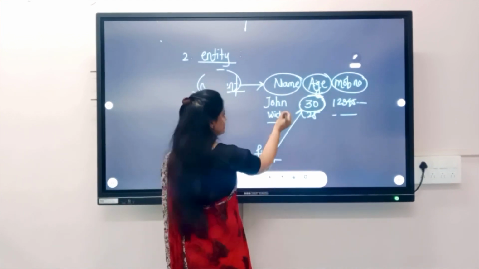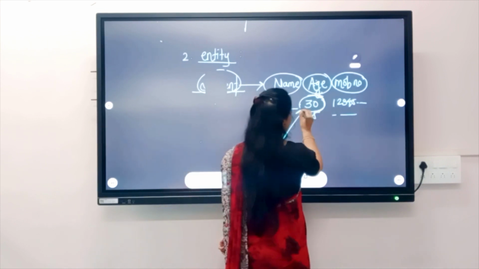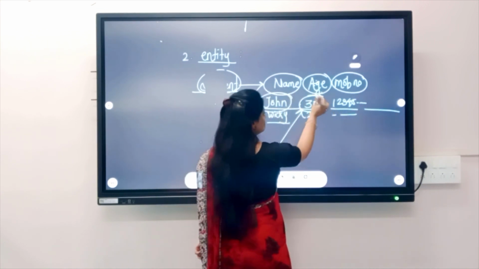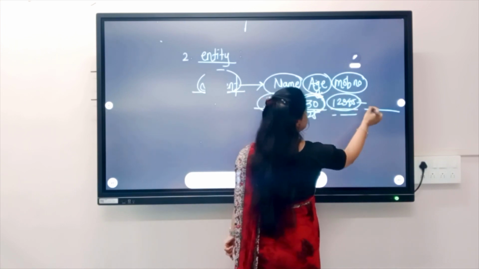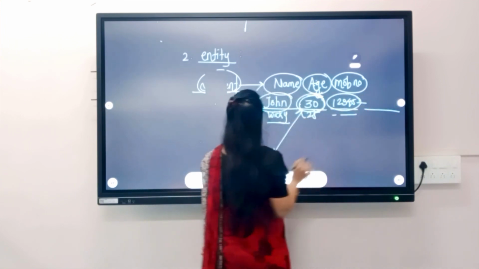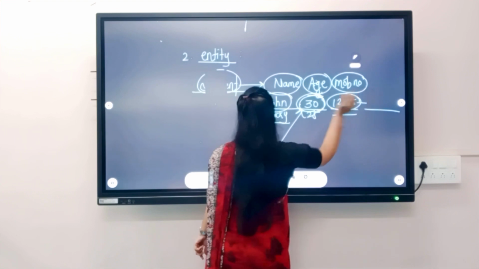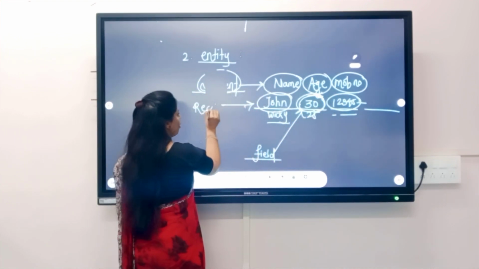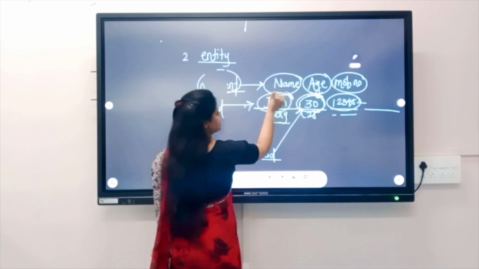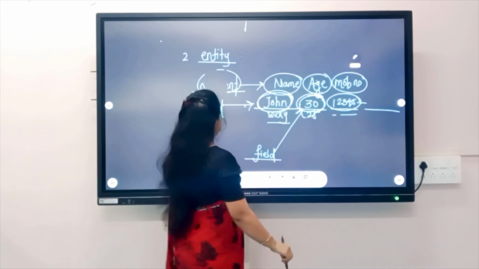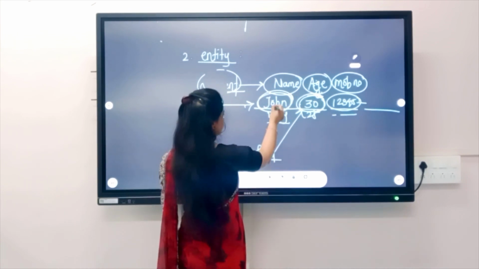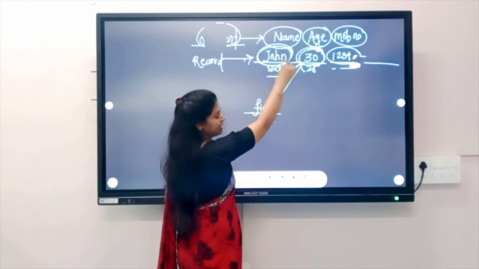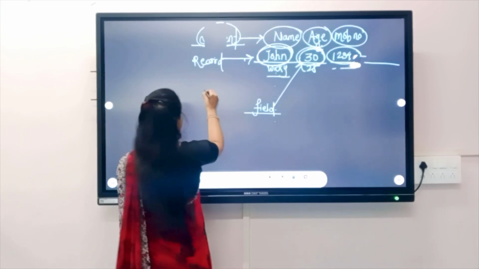Now if we consider a collection of such fields like John, then 30, this mobile number and whatever extra information there is, if we collect it together, then we will say this is nothing but the record of this particular student. Then we can consider a number of students and collect everything to form a file.